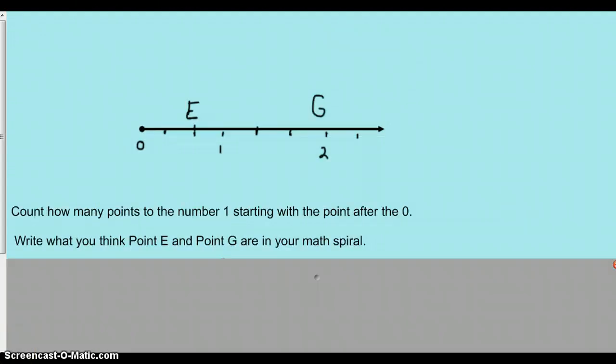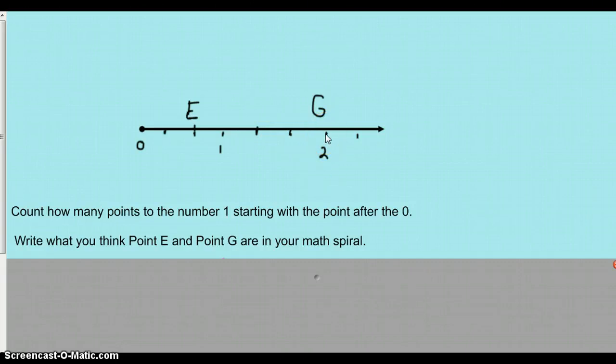Count how many points to the number 1 starting with the point after the 0. Okay, 1, 2, 3. So I know this is divided into thirds. Let's check between 1 and 2. You start with the one after 1, 2, 3.